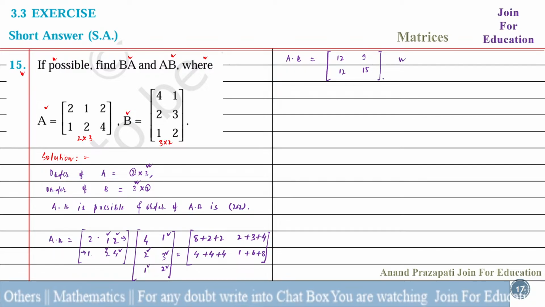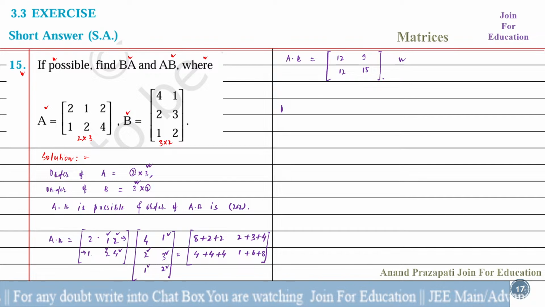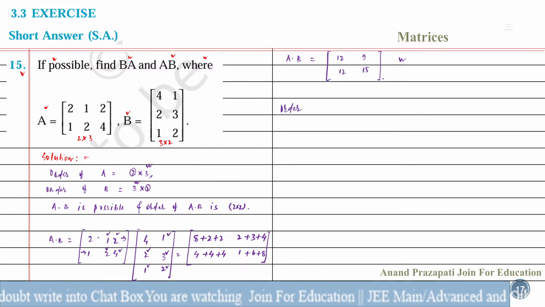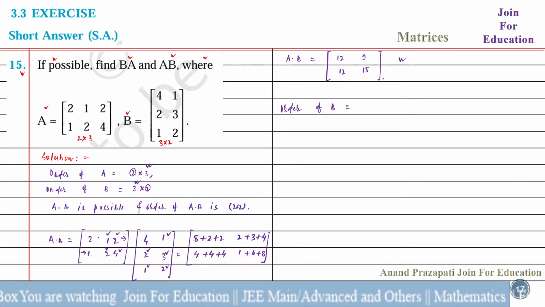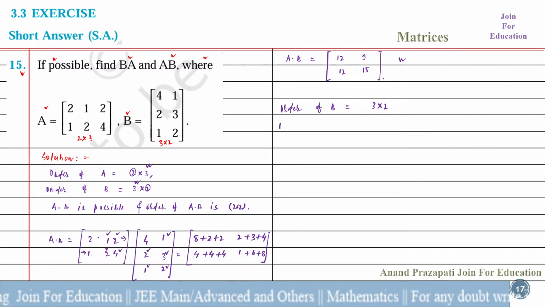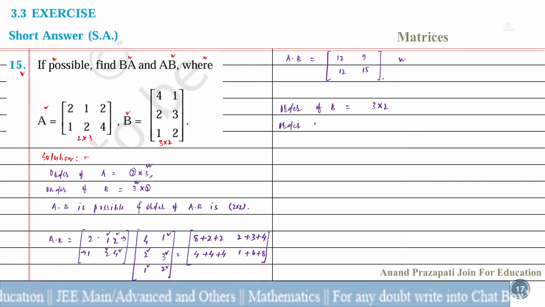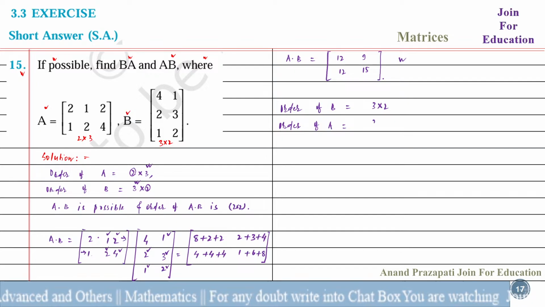Similarly we can find out BA, or write down here order of B. First of all we write down here order of B equal to what, 3 by 2, and order of A equal to what, 2 by 3.